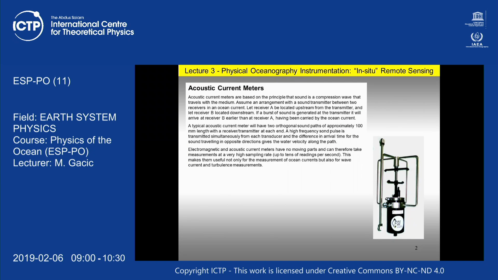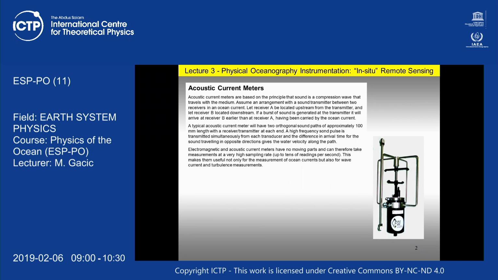These are acoustic current meters, which are based on the principle that sound is a compression wave which travels with the media, and have two orthogonal sound paths of approximately 100 millimeter length with the receiver transmitter at each end.